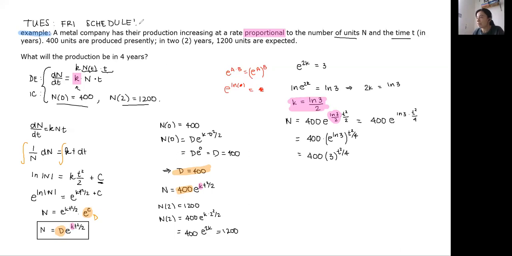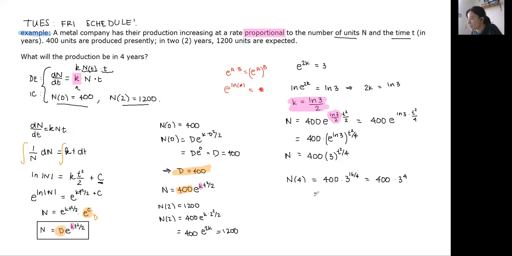So now this is my final expression for n in its simplified form, which means that now if I want to evaluate n at 4, it's going to be a lot easier. I'll have n of 4 is equal to 400 times 3 to the power of 16 over 4, which is equal to 400 times 3 to the power of 4. 3 to the power of 4 is 3 times 3, which is 9, times 9 again, so that's 81.